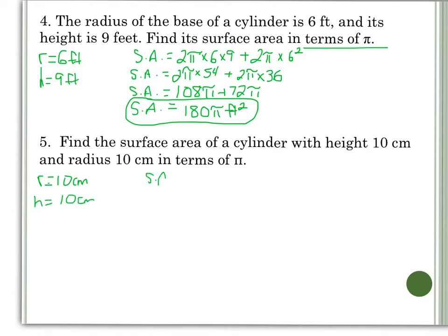So using that same formula, surface area equals 2 pi times the radius times the height plus 2 pi times the radius squared. So surface area equals 2 pi times 100 plus 2 pi times 100.